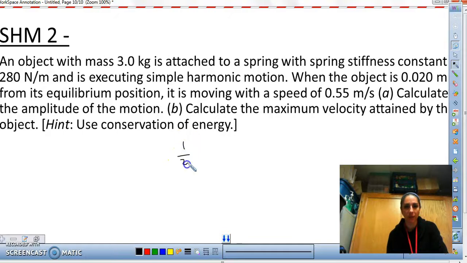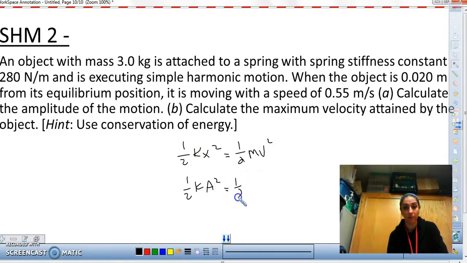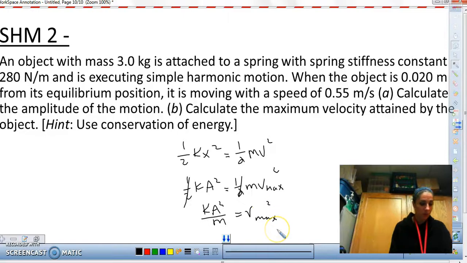So I say that all the kinetic energy goes into the velocity. Where actually, let me rewrite this, I'm going to use A, the thing that we just calculated, to find the max velocity. These cancel, and what we get is K A squared over M. It's going to give us our maximum velocity squared, of course. So let's go ahead and do that.